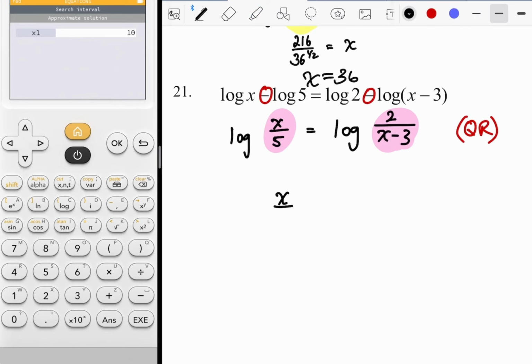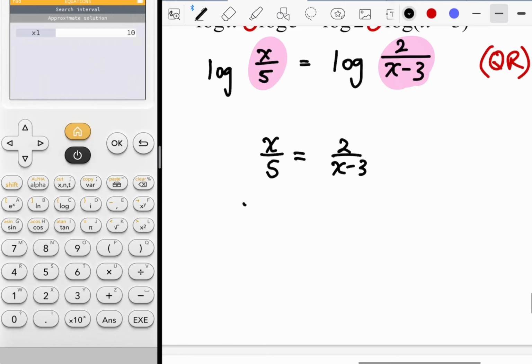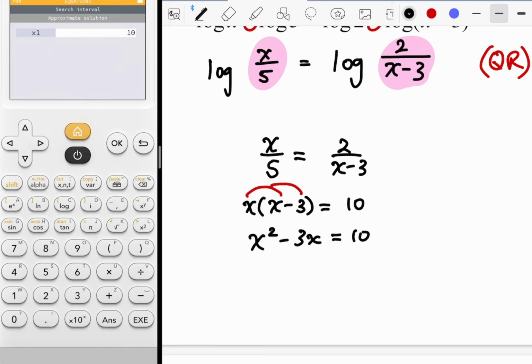So I'm going to pull that out and solve this proportion. A little cross multiply action. X times x minus 3 is equal to 10. Distributive property, x squared minus 3x equals 10. I'm going to bring the 10 over. X squared minus 3x minus 10 is equal to 0.